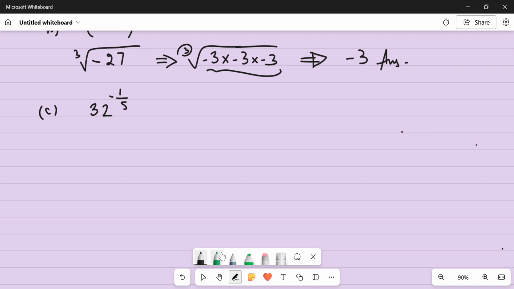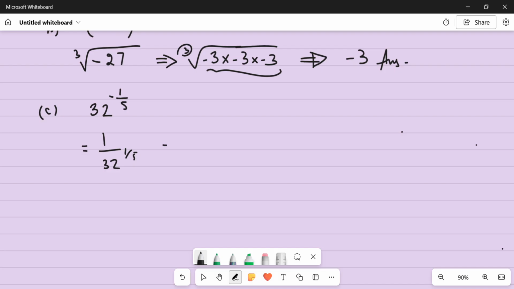Whenever there is a negative exponent, you need to convert it into a positive. So 32 is a whole number, so 32 over 1. When we take the reciprocal, it becomes 1 over 32, and the exponent automatically becomes positive. So 1 over 32 to the power 1 over 5.